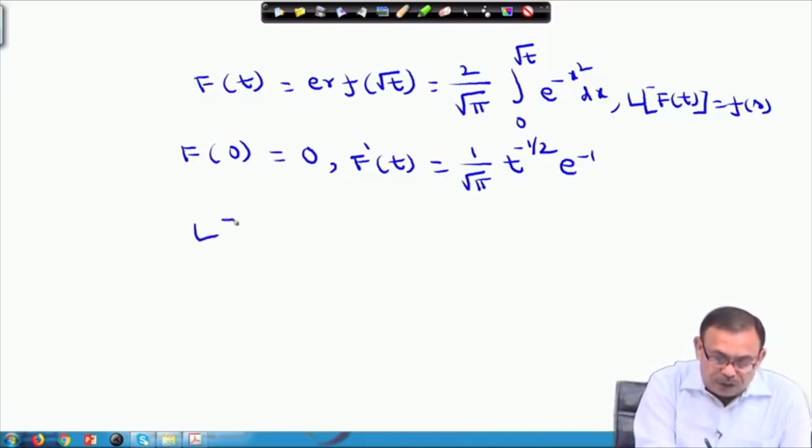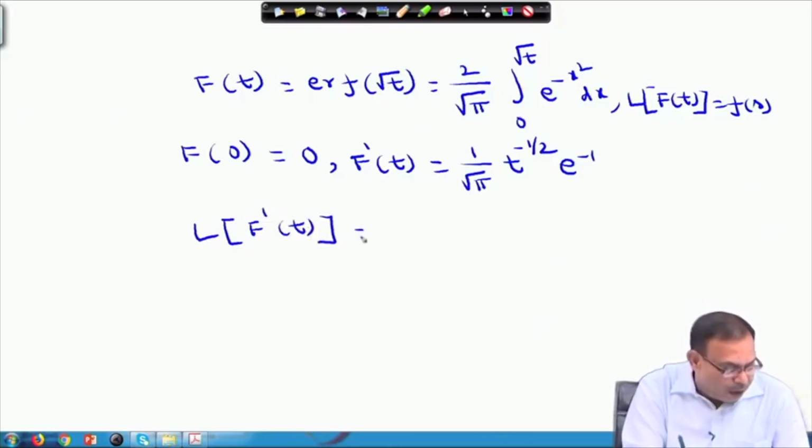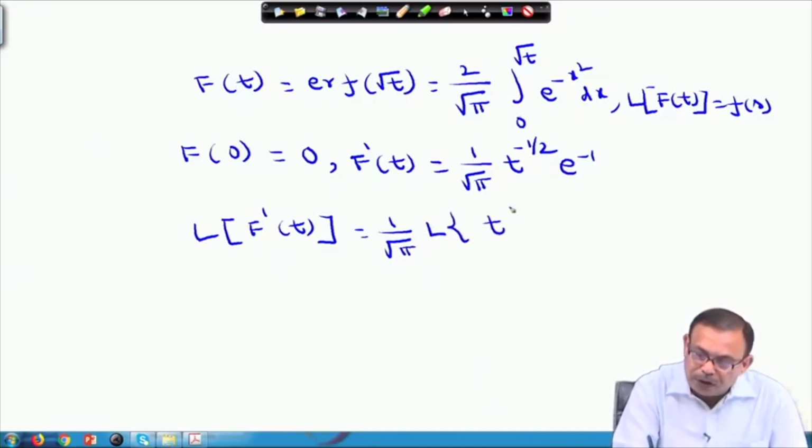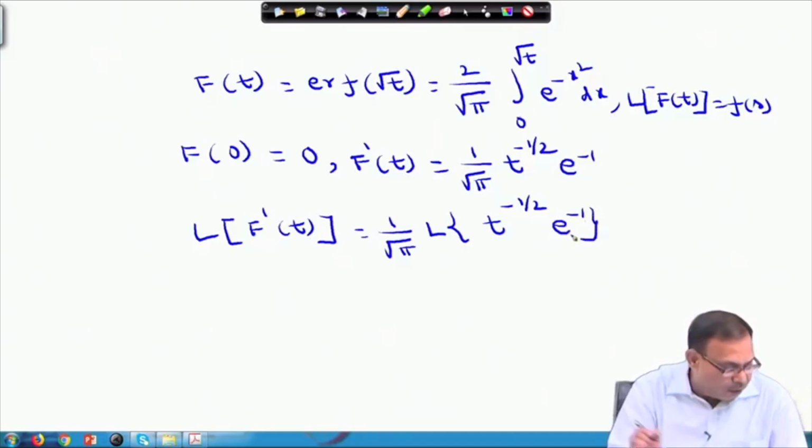So, I will start from here, the Laplace transform of f dash t is equal to 1 by root pi, and we have already evaluated the Laplace transform of t to the power minus half into e power minus t.